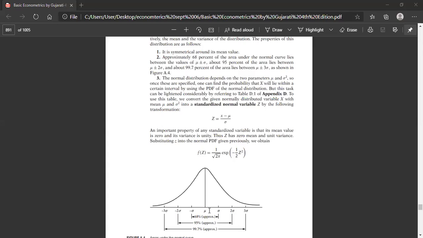If you go one standard deviation to the right and one standard deviation to the left, mu plus minus sigma, that will contain 68% of total values. Remember, the values go from minus infinity to plus infinity. However, if you cover only plus minus one standard deviation, you are actually covering 68% of the values.